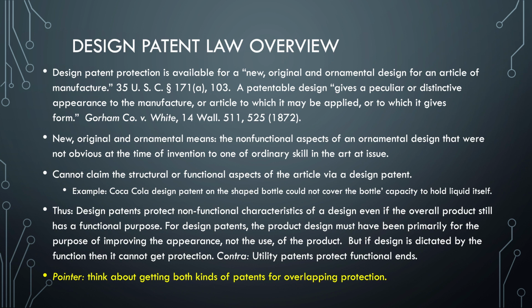And this comes from the seminal case of Gorham Company versus White. It's reported at 14 Wall 511, 525 from 1872, a very old U.S. Supreme Court case. And that very principle about protecting a peculiar, distinctive look and feel to an article of manufacture has been the litmus test really since the inception of design patent law, and it's still true today.